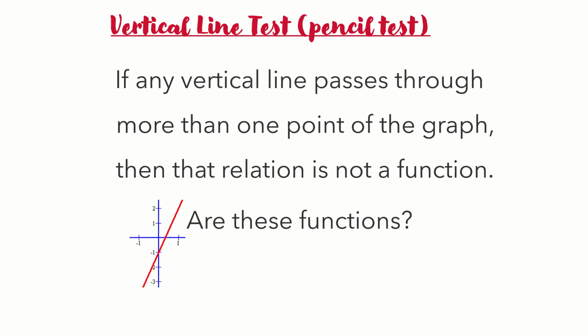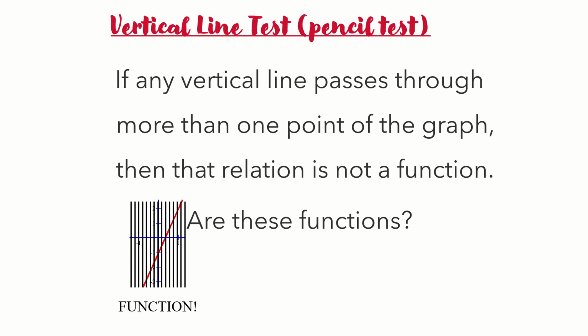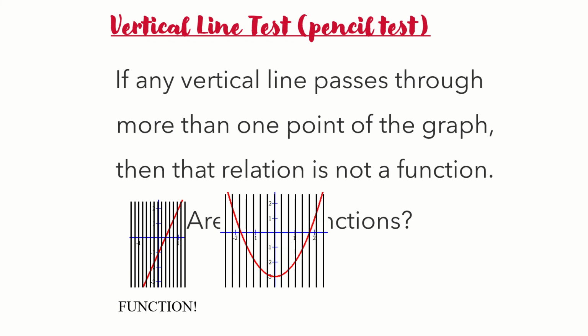Right, this one. Now we check. If you see, every vertical line is crossing the graph at exactly one point, so it is a function. What about this one? Again, if you draw a vertical line, every possible vertical line is crossing the graph of this function at exactly one point, so it's also defining a function.